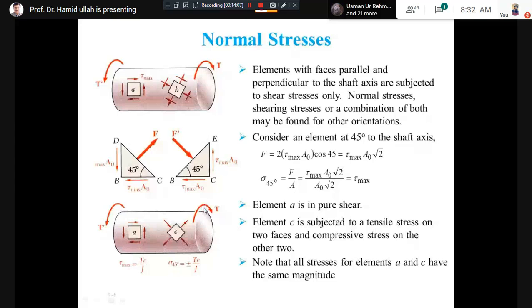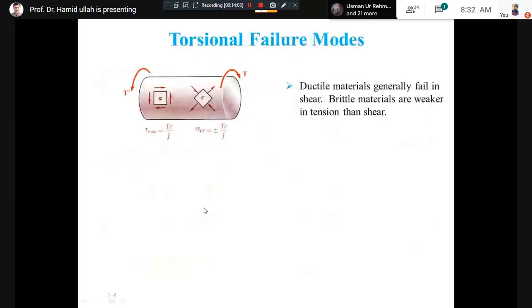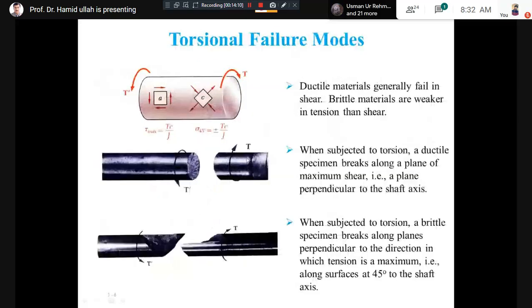About failure mode, I already mentioned that you have studied two types. One we have called ductile material, and the other brittle material. You remember we have discussed the characteristics of ductile material and brittle material in detail.